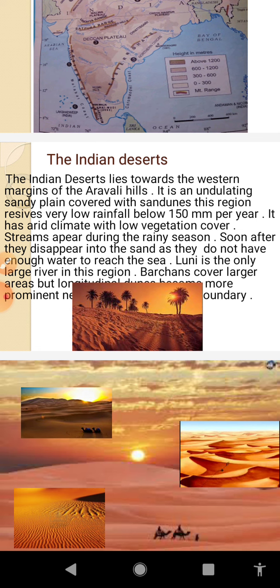So in Thar Desert, as you know, this desert is an example of the tropical desert, or you can say the hot desert.